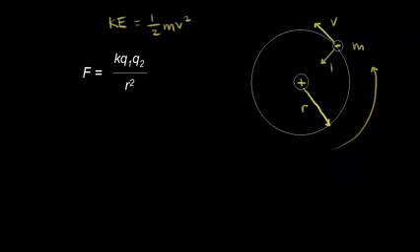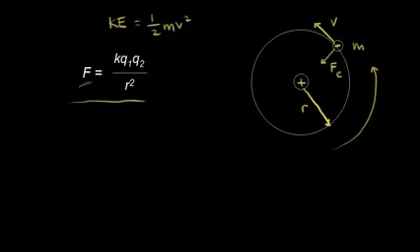This is a centripetal force, the force that's holding that electron in a circular orbit around the nucleus here. And once again, we talked about the magnitude of this electric force in an earlier video, and we're going to use it to come up with the kinetic energy for that electron.